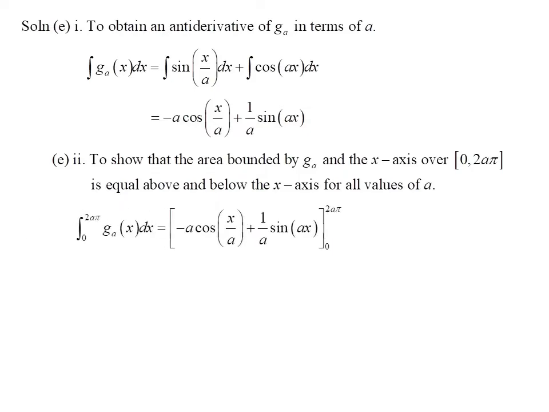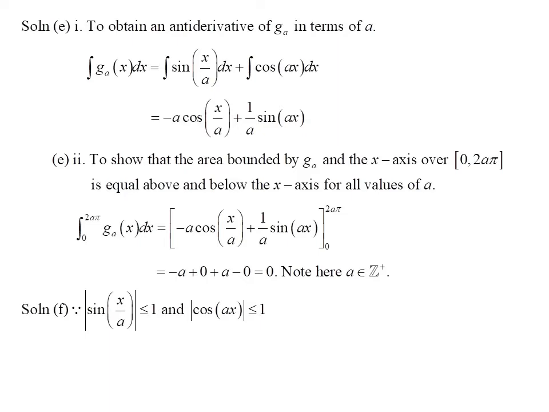Hence, the integral from 0 to 2a pi of g sub a of x dx equals negative a cos x over a plus sine ax divided by a, or in parentheses valued from 0 to 2a pi, which equals negative a plus 0 plus a minus 0, which is 0. So the bounded areas above and below the x-axis are equal.